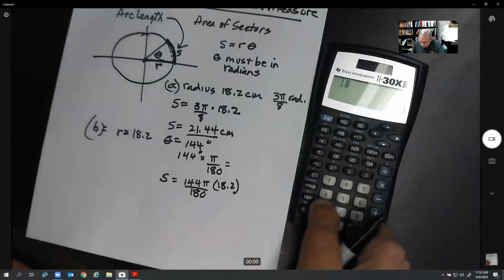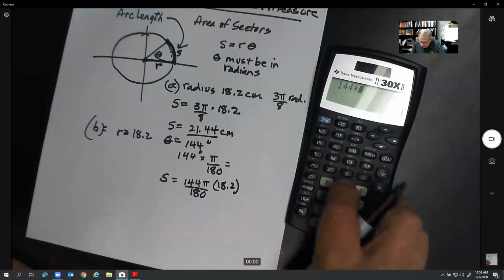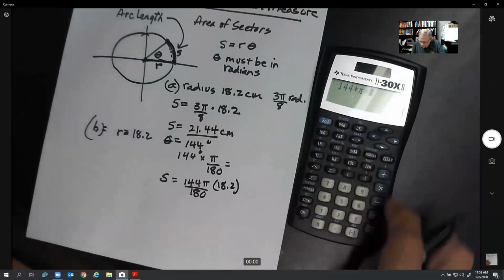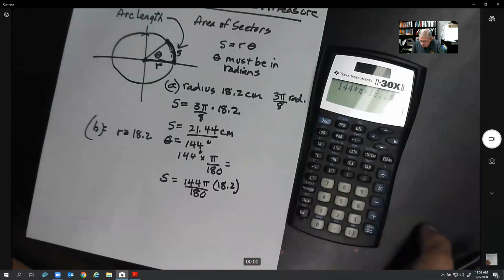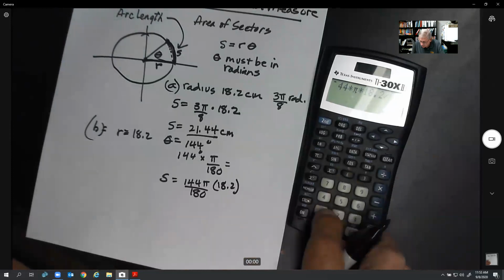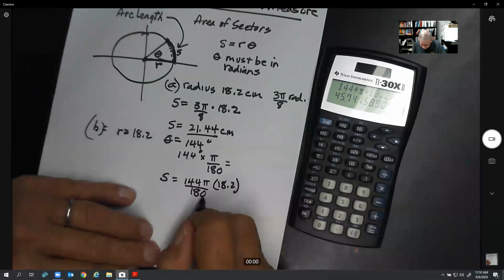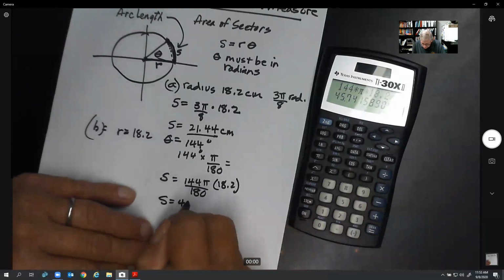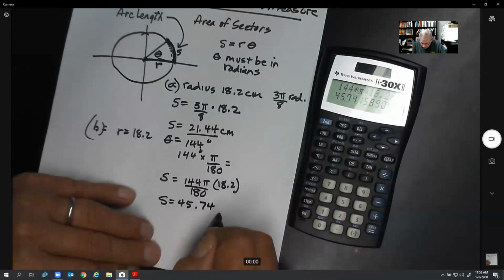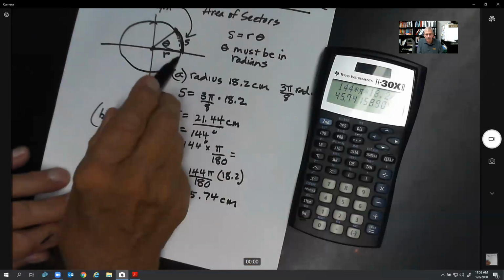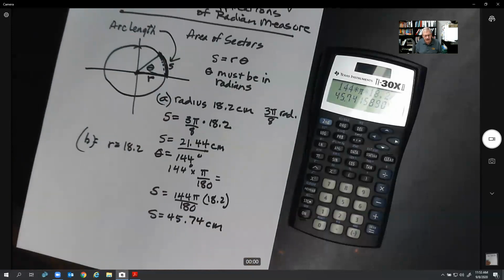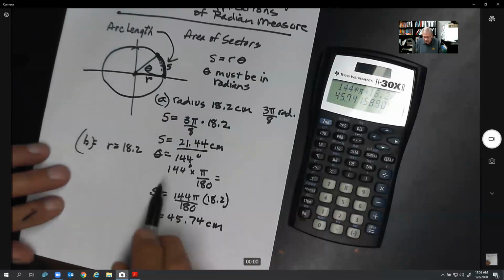Let's clear this out. 144 times pi times 18.2 divided by 180, and I came up with 45.74 centimeters. That's the distance of our arc length. Pretty easy, huh? Like I said, if you wanted to reduce that down, it might be easier numbers to work with, but it will come out the same anyhow.